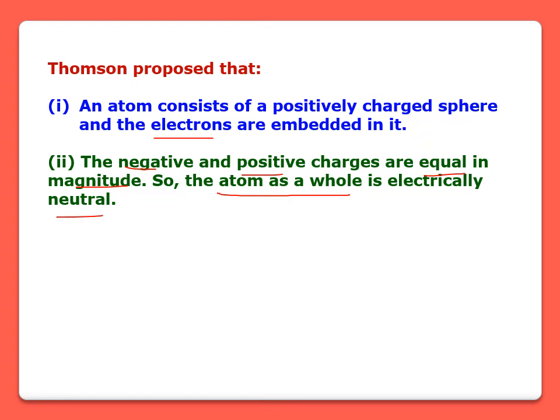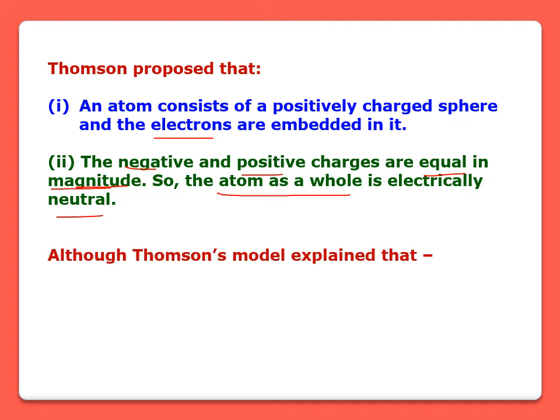This is a very important point. This is the answer to the question why an atom is electrically neutral. Inside the atom there is positive charge and negative charge, and both the charges are equal in magnitude. That is why the atom becomes electrically neutral. So this was the atomic model proposed by Thomson.